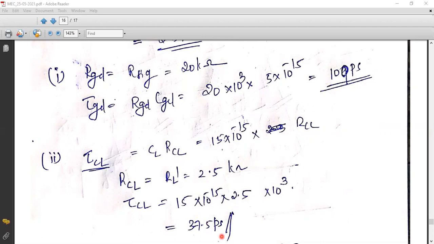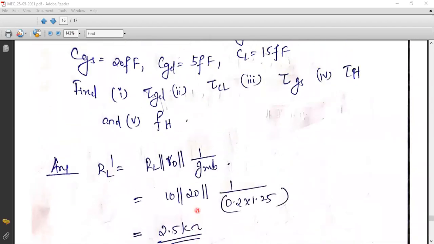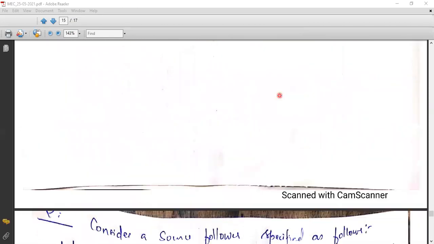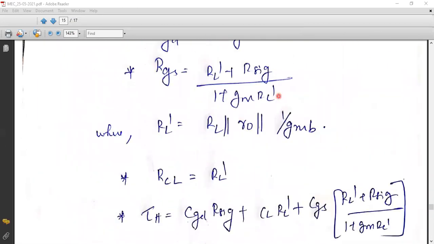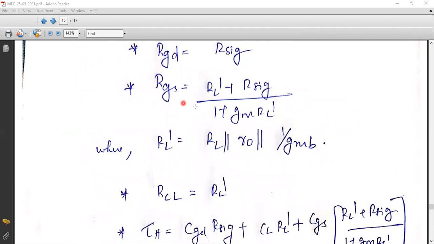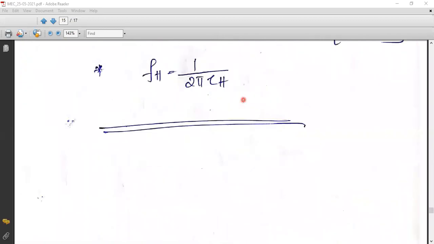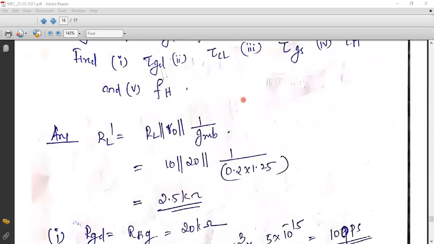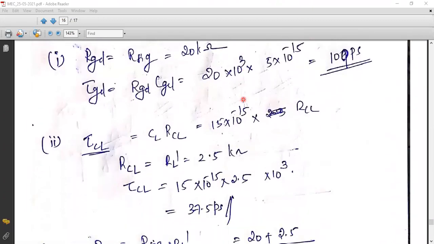Now all of you do the third term, which is the third question, tau GS. So for that, I need to get RGS equation. RGS equation, we have got that derivation using Vx and Ix, the dummy voltage source and current source. So take this equation, substitute all the terms and let me know what is RGS. Then we will find tau gs. So put your answers in the chat box. RGS value.